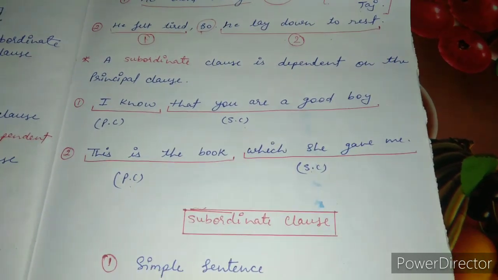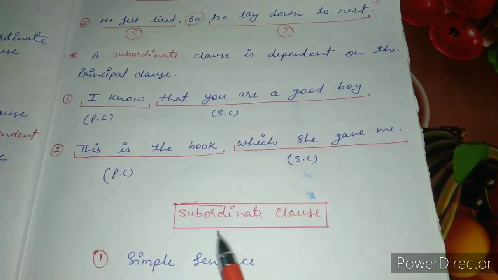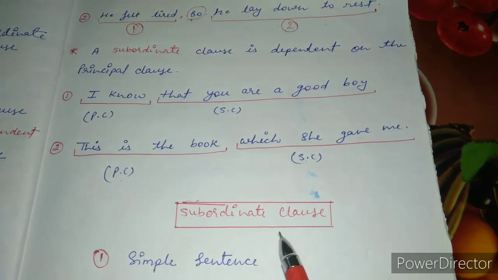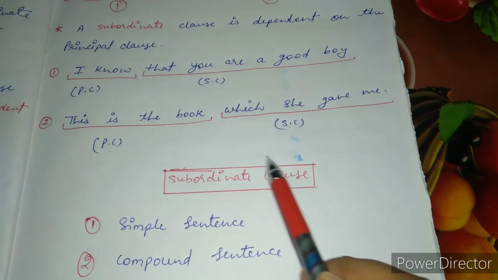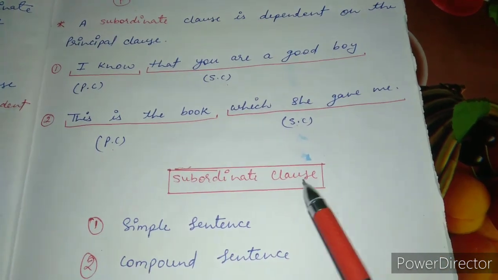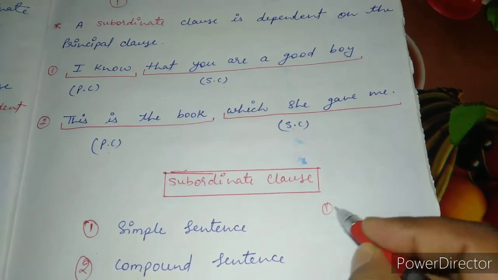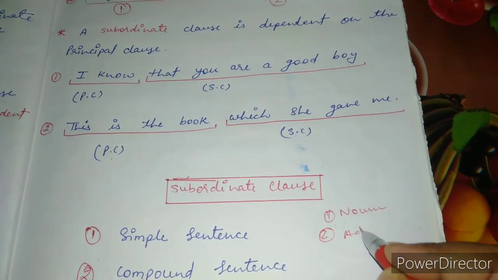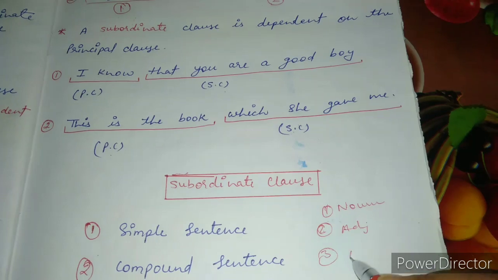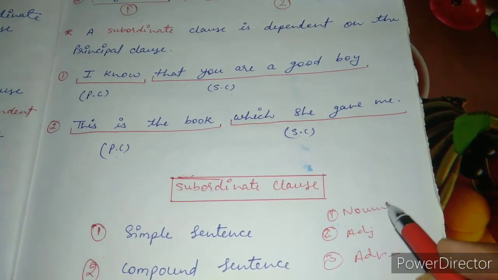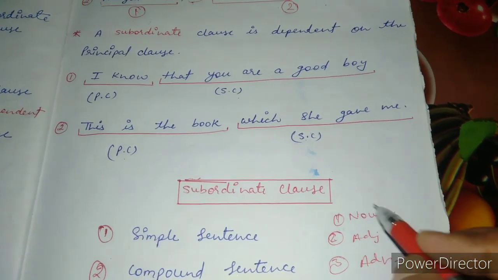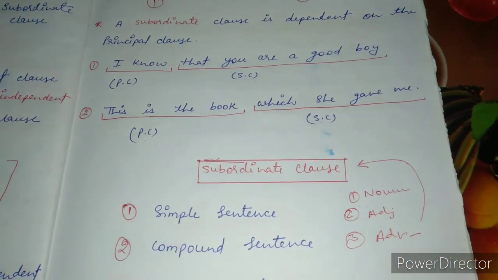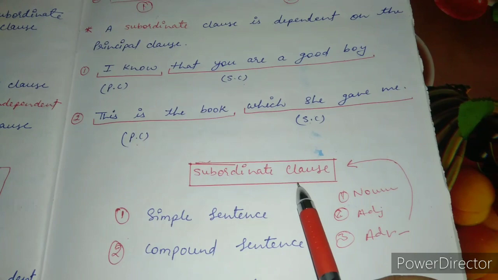So we will take subordinate clause forward from here. We will leave principal clause and coordinate clause here itself because subordinate clause is very important to understand. And we have to go through noun clause, adjective clause, and then adverb clause. All these three clauses are related only to subordinate clause. So that is why subordinate clause is important.